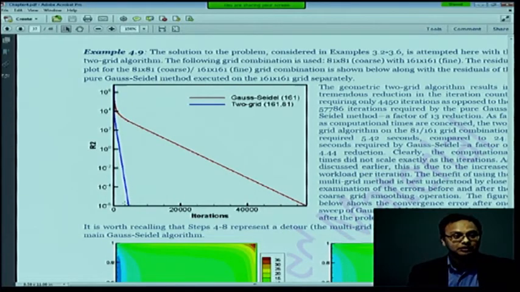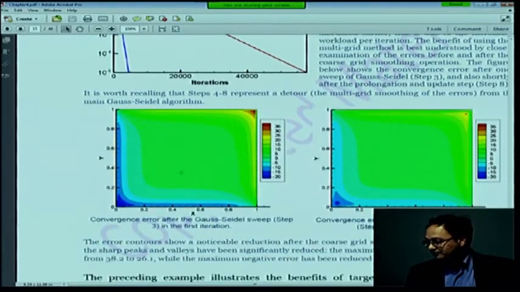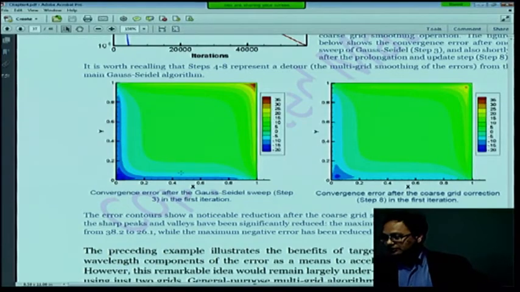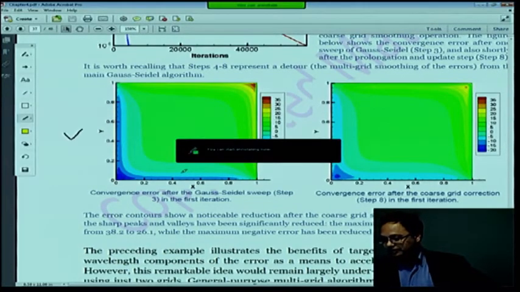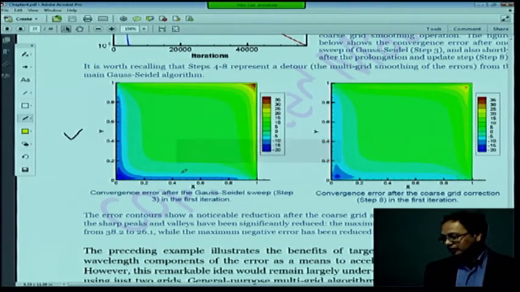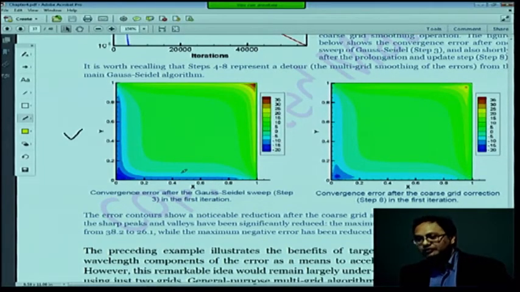Now, here is what happens to the errors, what I was talking about. So this picture that you see on the left is showing you a contour of the error after one Gauss-Seidel sweep on the fine mesh. Okay, so I started with a certain value of phi. I think I started with phi equal to 0 as the initial guess.